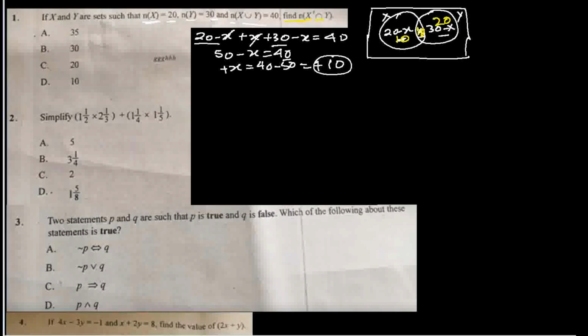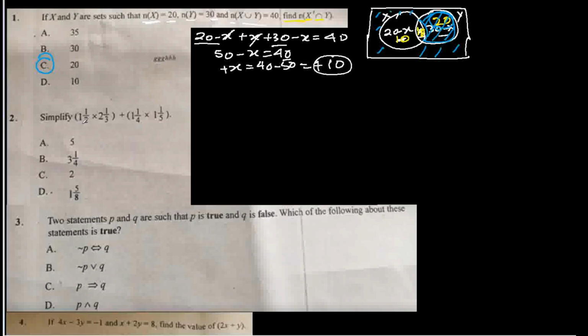So let me try to color the area which is outside x. This is outside x, this is outside x. What is common between these blue colored lines and y? This area is common. And how many are in this area? 20. So the number of elements is 20, so C is the answer.